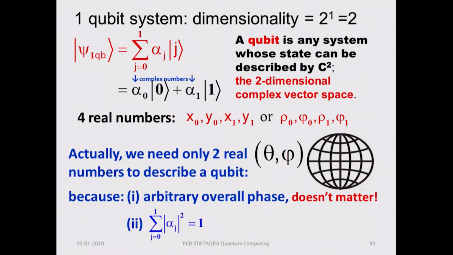And if you need only 2, the best way to do it is to use the polar angles theta and phi. So, you are going to use the 2 polar angles, and this is something that we are very familiar with. We use the spherical polar coordinate system, in which a point in a 3-dimensional space is represented by r, theta and phi.